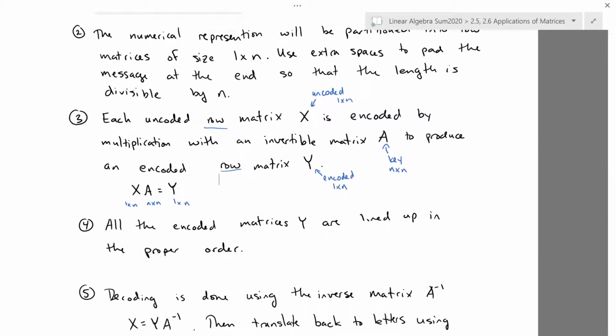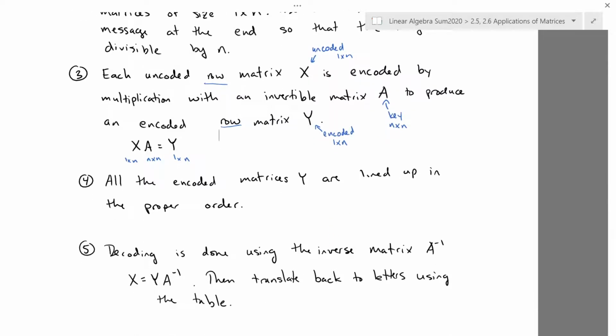By doing the encoding using matrix multiplication in this way, as long as you know what the key is, it's pretty straightforward to do the unencoding to recover our matrix X. Here the multiplication results in the matrix Y. So how do I recover X from Y?